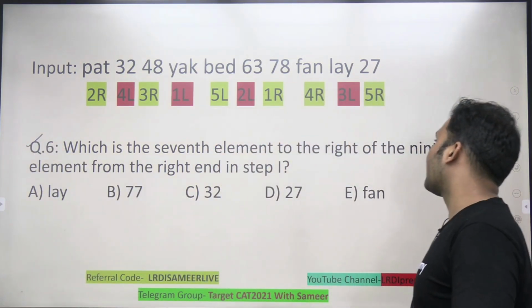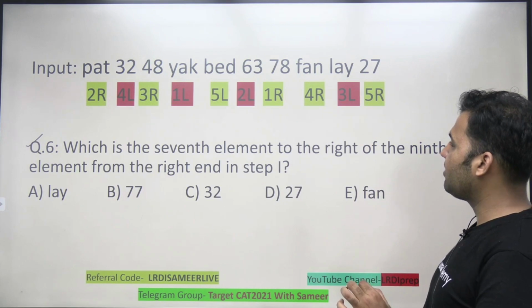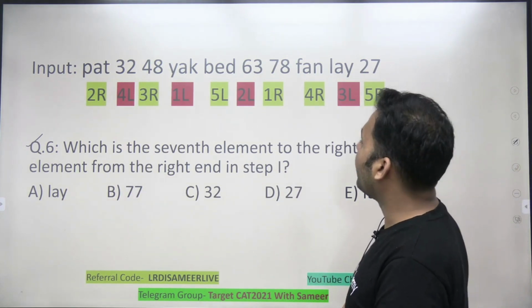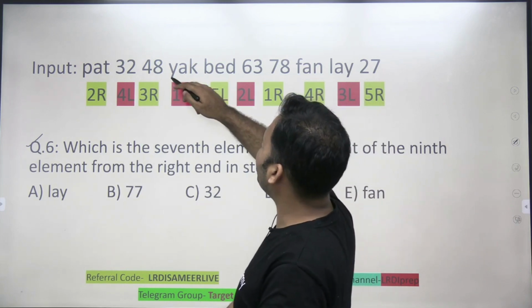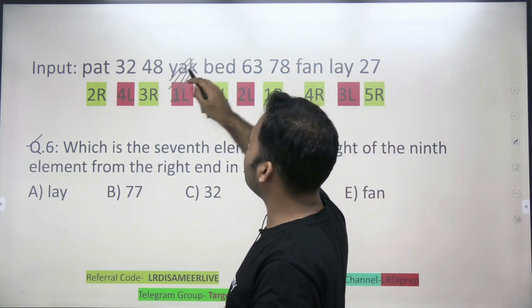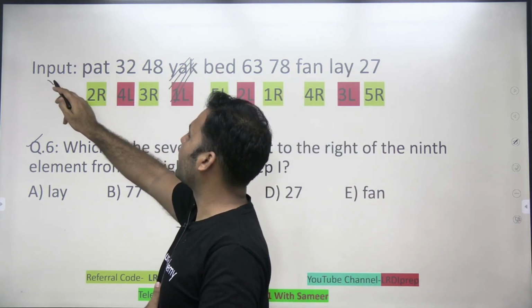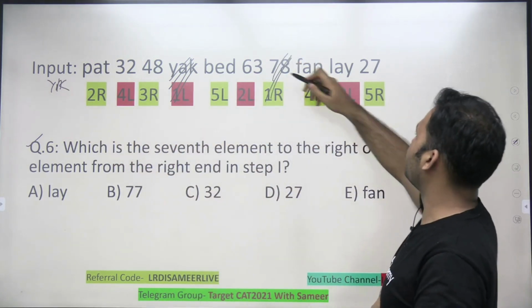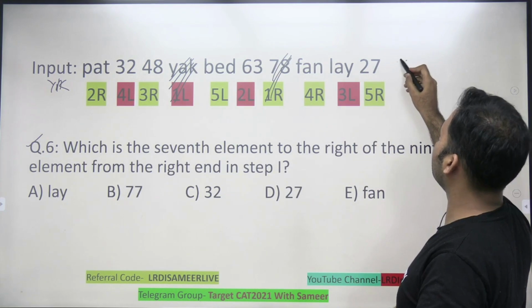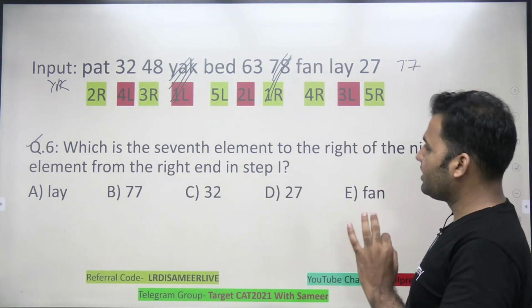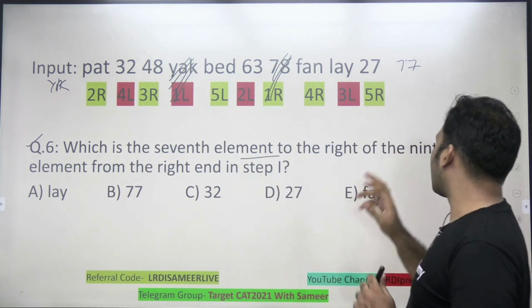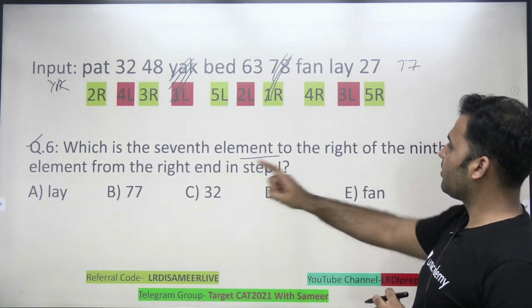Which is the 7th element to the right of the 9th element from the right end in step 1? So guys, in step 1, I'll have only 2 elements getting positioned. The word YK will be positioned over here, and 1R will be positioned on the right hand side, 77. Now in step 1, I'm supposed to find the 7th element to the right of the 9th element from the right end.